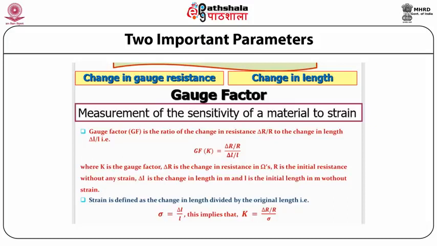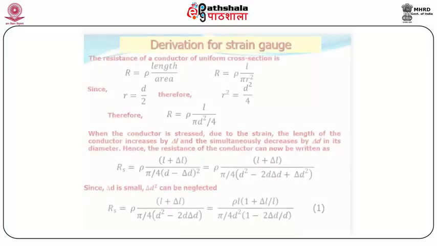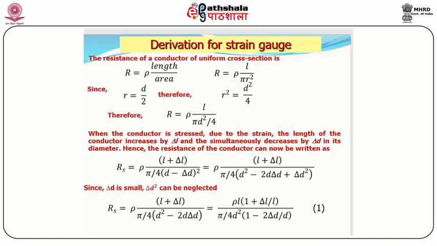So students, let us now discuss the derivation for the strain gauge. The resistance of a conductor of uniform cross section is given by R equal to rho multiplied by length by area. So R will be given by rho L by pi r square. Since r, that is the radius, equals d by 2, where d is the diameter, therefore r square is equal to d square by 4.